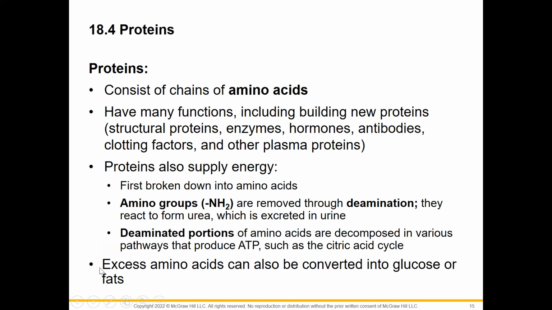Right? So it's not just if you eat a lot of fat, that'll make you fat. If you eat a lot of carbohydrate and protein, that can also be converted to fat if your body doesn't need it in that moment. All right, remember your adipose tissue is potential energy used for energy later.